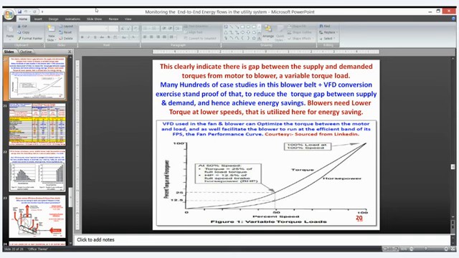You can see that at 50% of the speed of the given blower, the torque is around 25% only. Whereas at 100%, both are the same, but at 50%, torque is at 25% only. This is the area we are trying to make use of to achieve energy savings in many of the blowers.